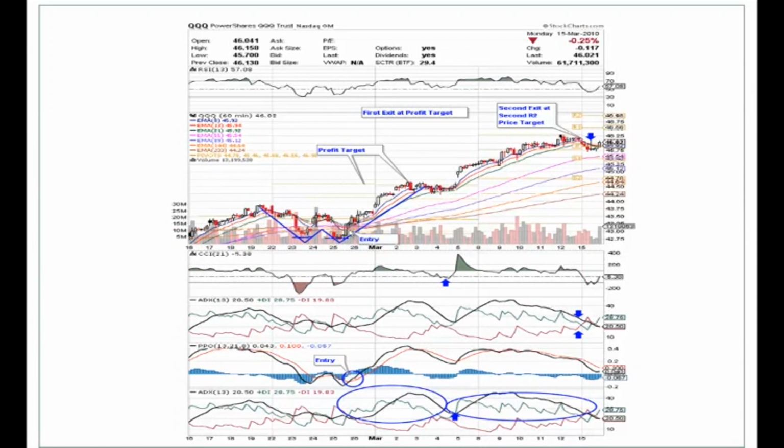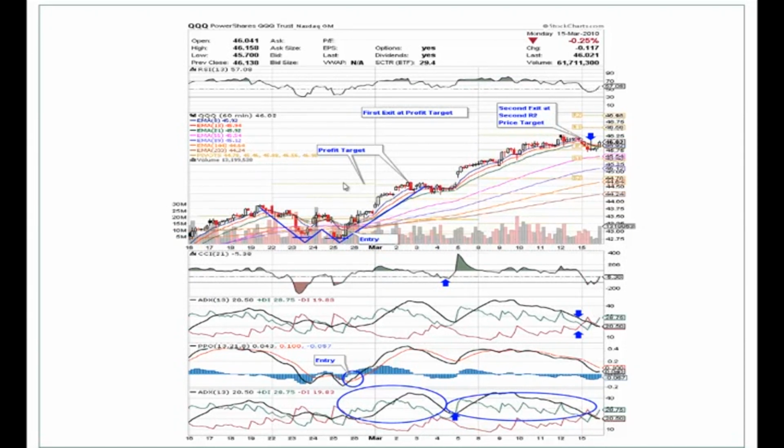So entry on the W pattern would have been right here, based on the measurement between the peak and the low of the pattern. You would figure that amount and add it to the peak, and so your target is right in this area.